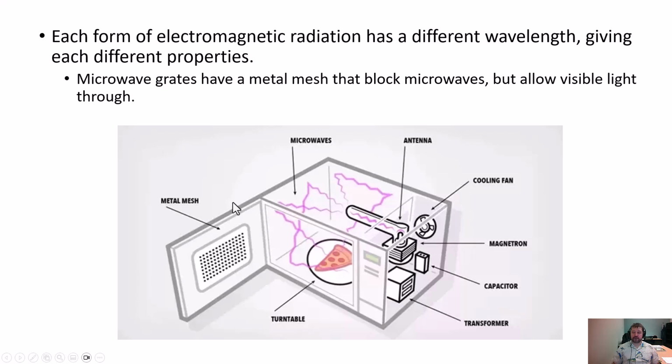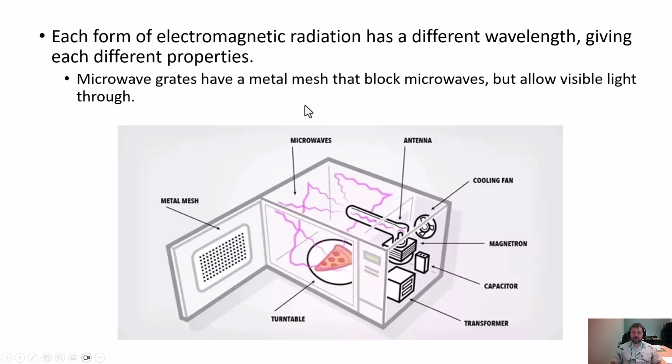You can't physically detect microwaves, but they're there, and the microwaves themselves are blocked by that metal mesh. And so that metal mesh allows you to see the object that you're cooking, but not be affected by the microwaves themselves.